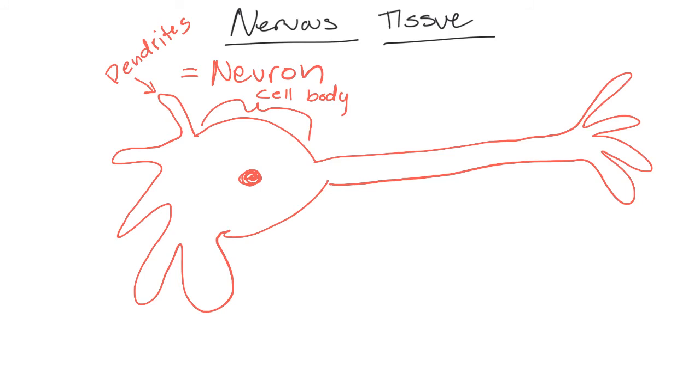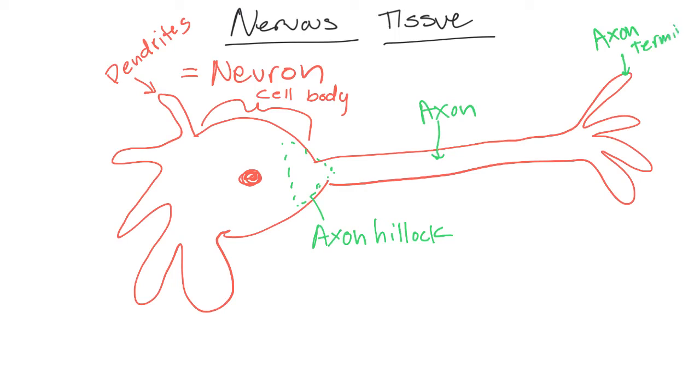And then you have this triangular shape called the axon hillock. Then the long part is called the axon. And then it ends, it may branch from there into the axon terminal.